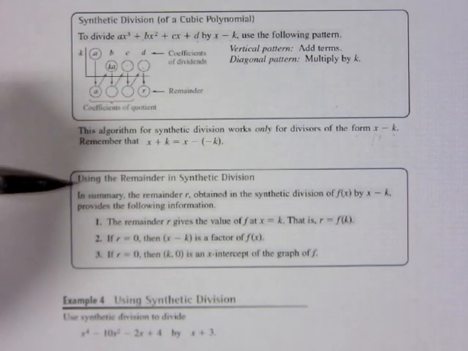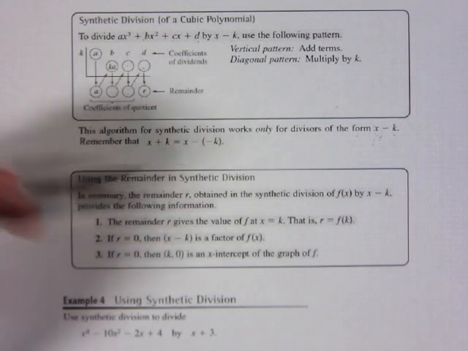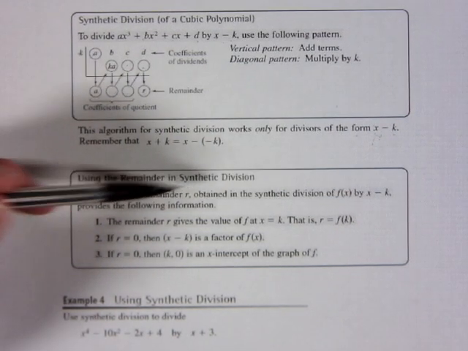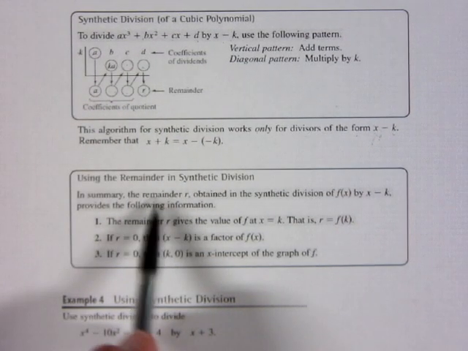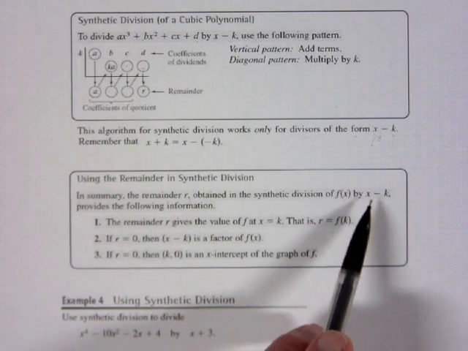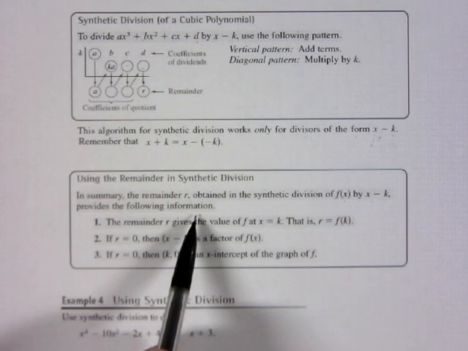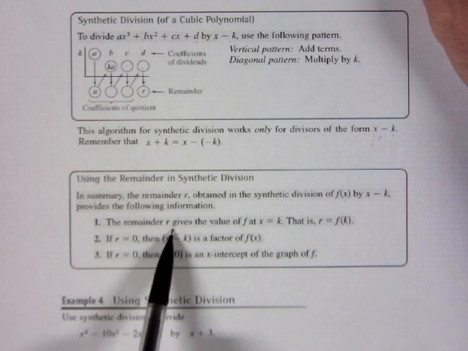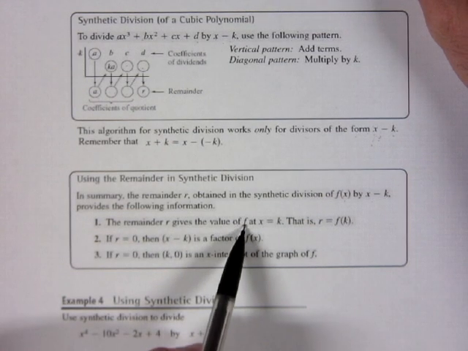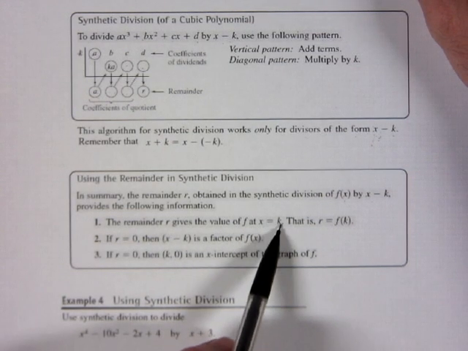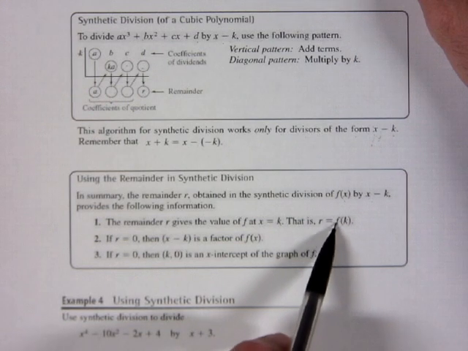All right, now here are some things to keep in mind as far as what synthetic division yields for you. The remainder obtained by the synthetic division gives you the following information. The remainder gives the value of f of k. In other words, r is equal to f of k.